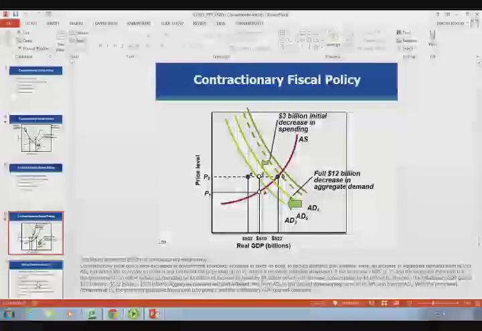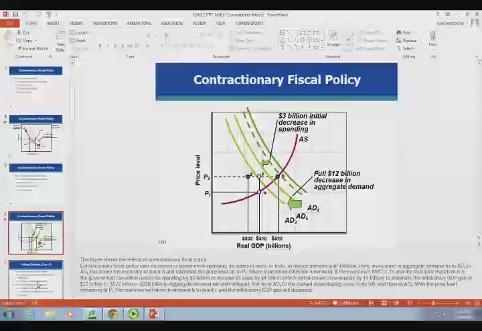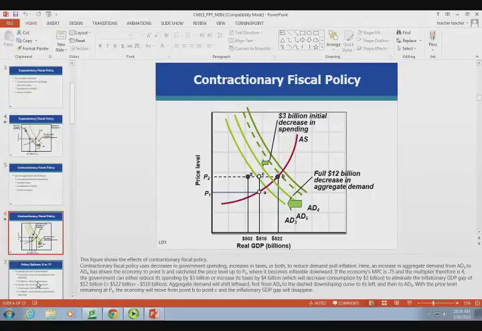But then the overall effect, I really don't even need the third line, is a full $12 billion decrease in aggregate demand. What's my multiplier? 4. $3 billion seed results in a $12 billion result. Okay? So again, that warp drive, like, vroom.